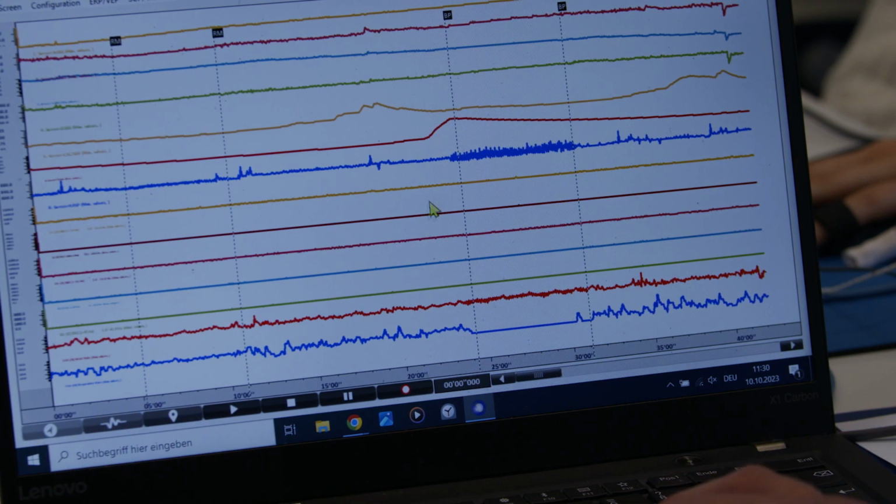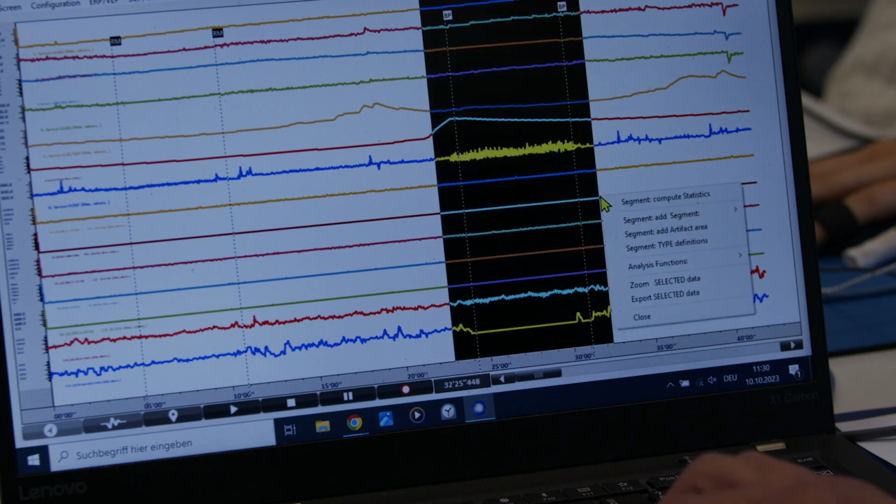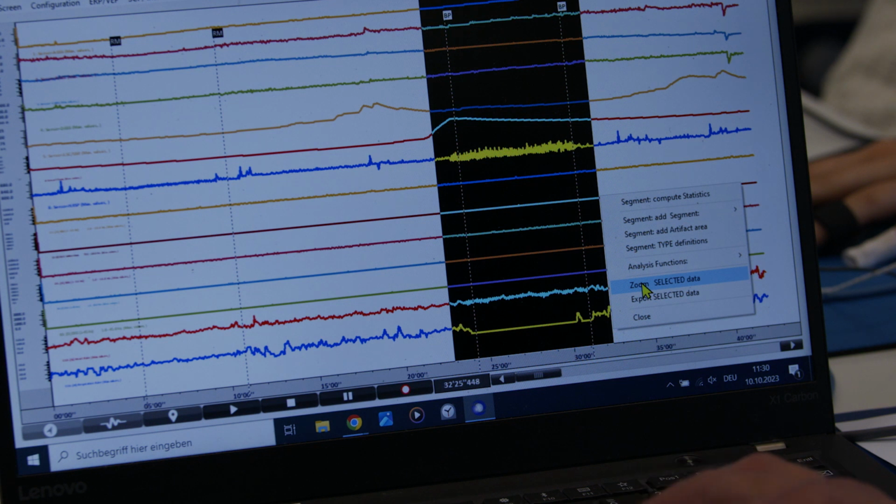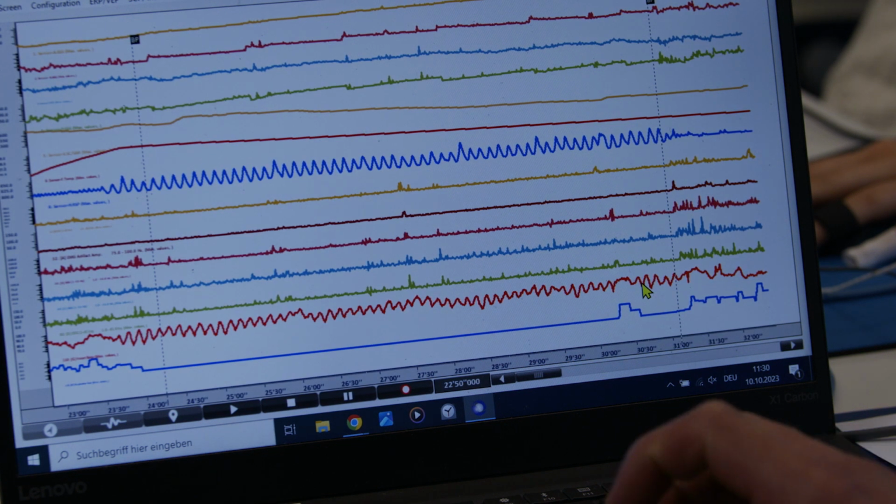Now back at the overview, we can take a look at the breathing exercise and the physiological and neurophysiological data we collected here. We again zoom into our data and have a first impression of how it looks.